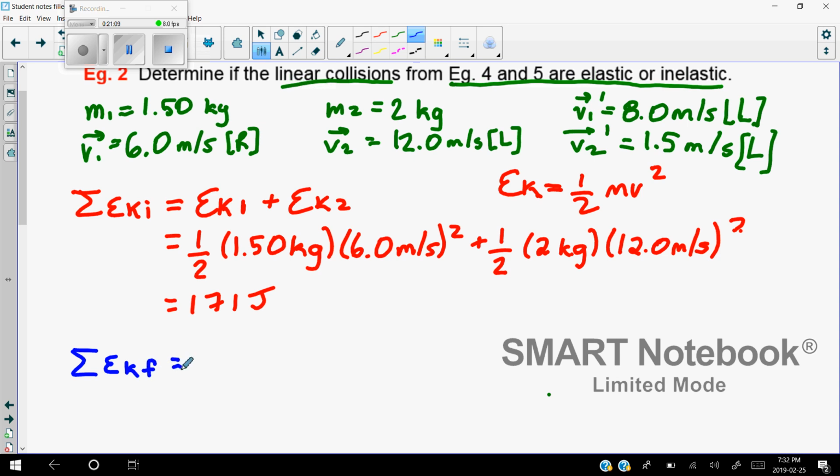So at the end of the system, we still have velocity of object 1 and velocity of object 2, which means that both of them have kinetic energy. So EK1 prime plus EK2 prime.